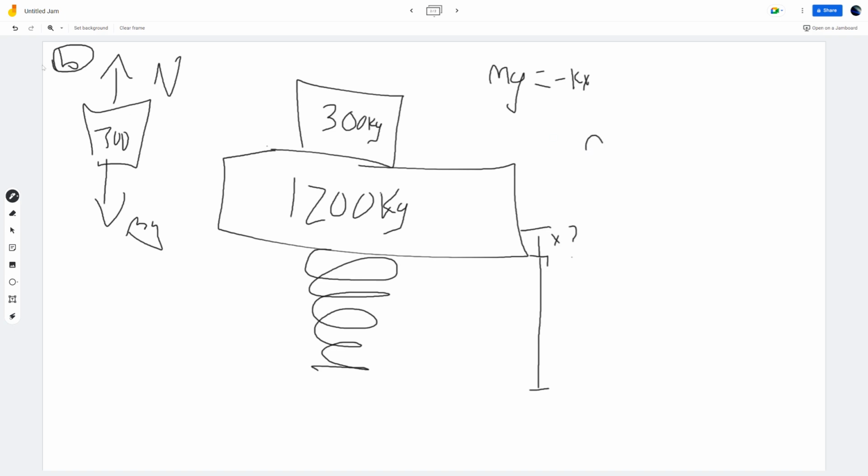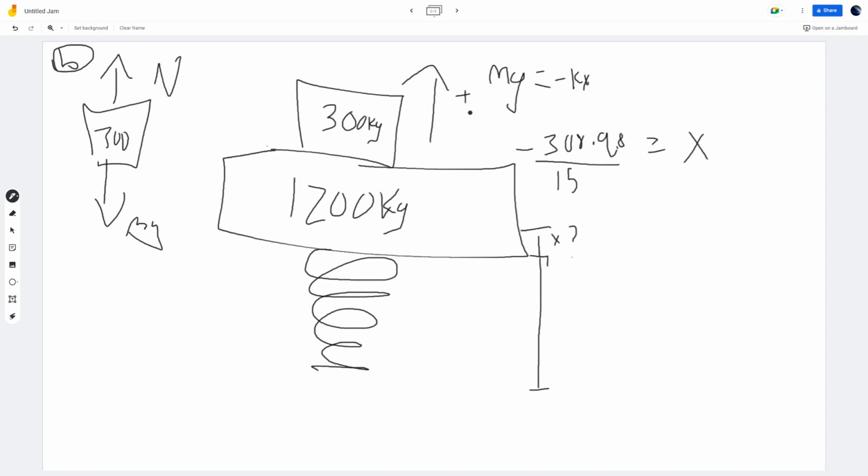So m is 300 times 9.8 equals negative k, and I'll just divide by k, which is 15. That gives a distance x, and it's going to be a negative distance because it's going downwards, assuming up is positive. So 300 times 9.8 divided by 15.